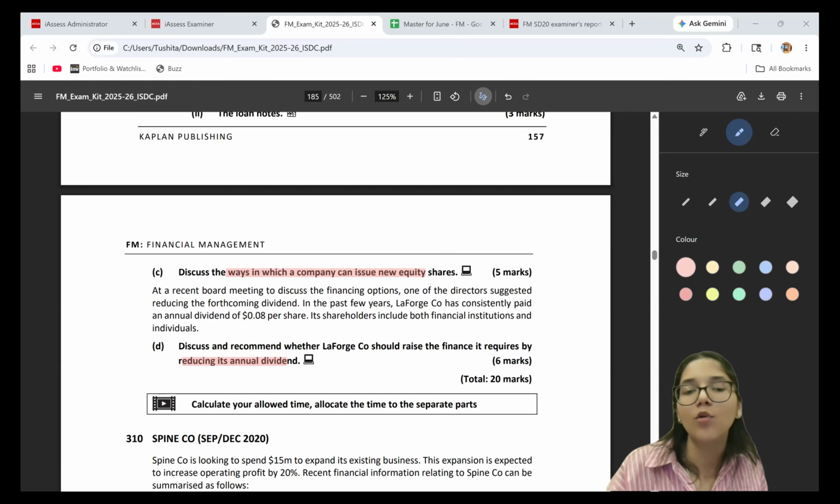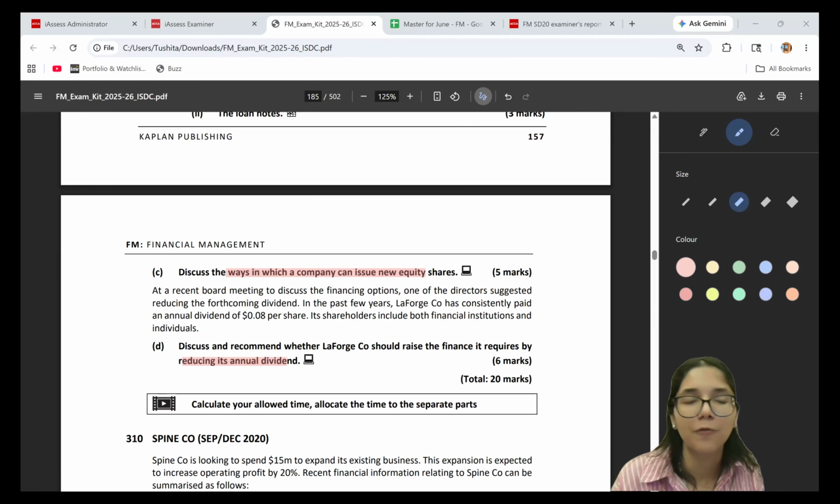Its shareholders include both financial institutions and individuals. Now you have to discuss, and discuss means you have to think from different perspectives. You have to think what will happen to the shareholders and what will happen to the company if we go ahead with this. And then further, you also have to give a recommendation.